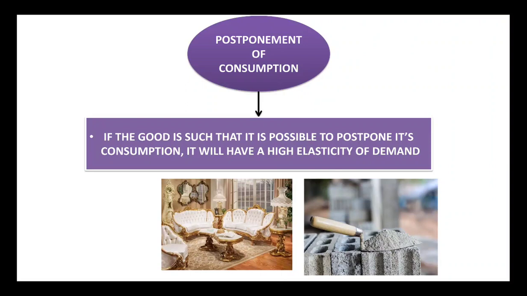So for commodities which are very urgent, we cannot postpone their consumption, and therefore they have an inelastic demand. The demand does not change no matter what the prices are. However, for commodities which we can postpone, which are not that urgent, the elasticity is comparatively higher.